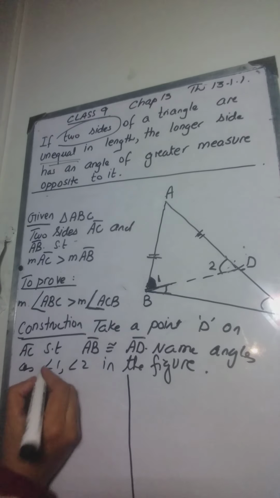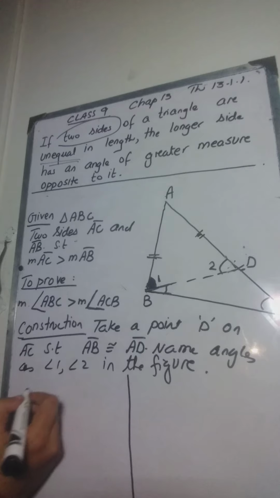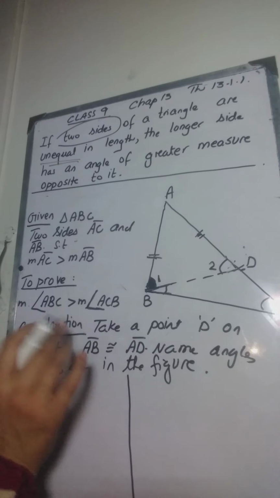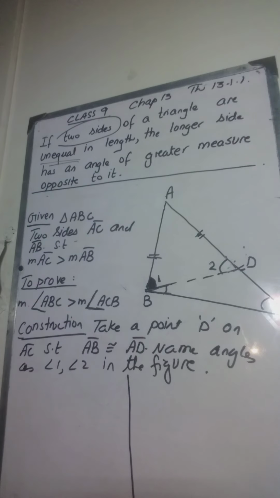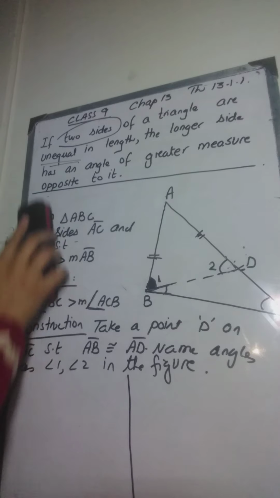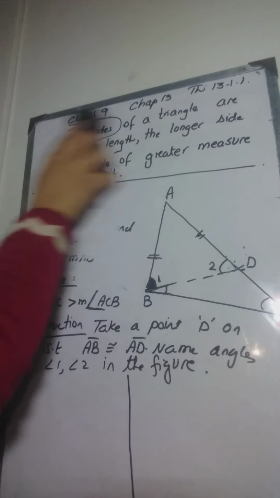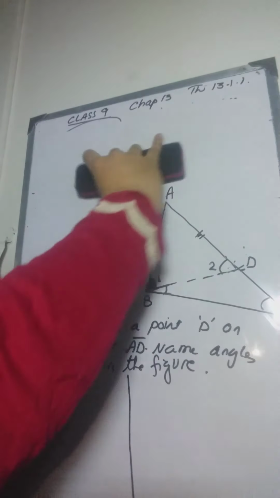In order to start the proof, let me write the key points of given and construction and erase all of this so we have enough space for the proof. We have done the statement also, so we don't need to write all this.